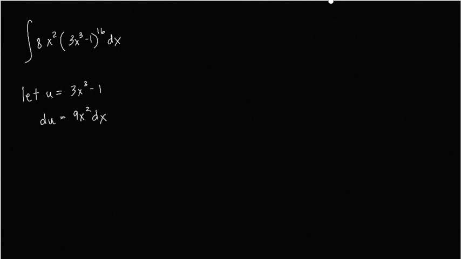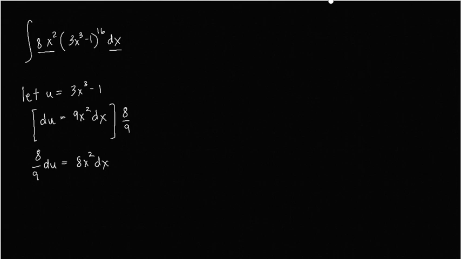So we have here in our integral 8x squared dx. So if we multiply this by 8 over 9, we will have 8 over 9 du equal to what? 8x squared dx, which is exactly this one, 8x squared dx.